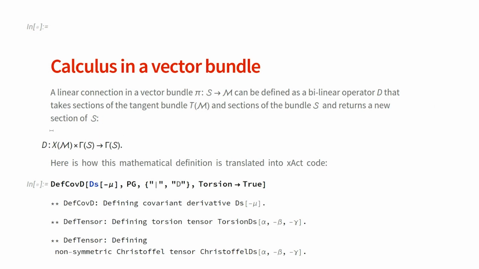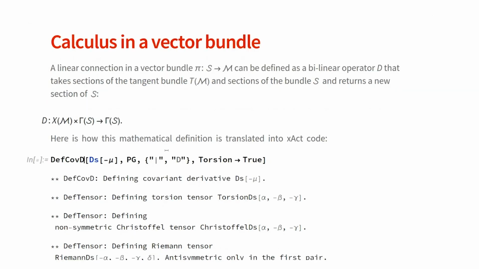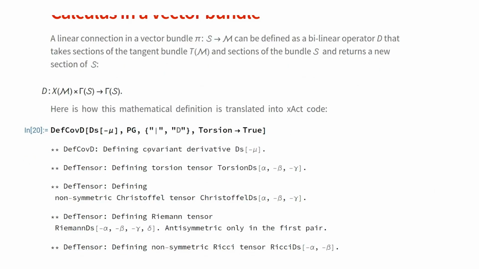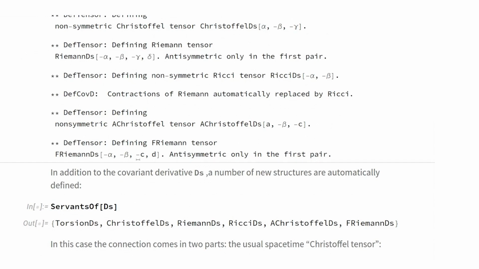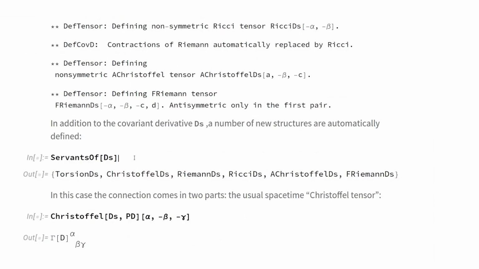This is the mathematical definition. There are some extra conditions that I'm not detailing for lack of time, but everyone who is familiar with differential geometry knows them. Then I define the covariant derivative, and again a number of additional structures are defined that I summarize here.